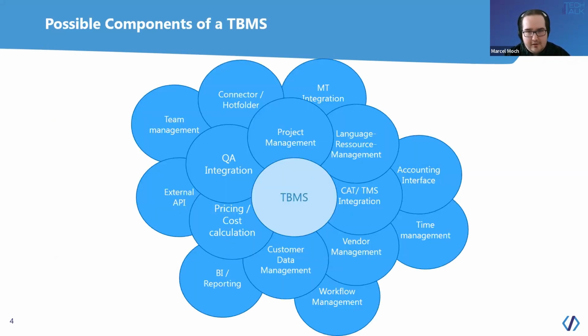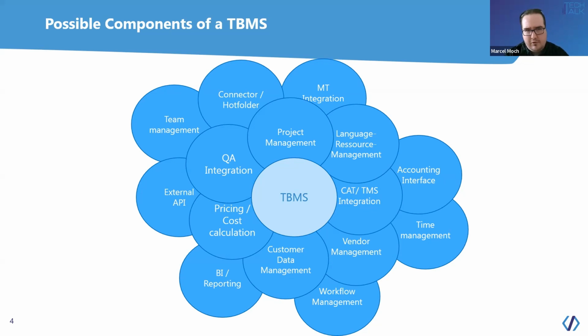I just tried to display the possible complexity of a TBMS in this little graphic. So, all the components it could include, as I said, depend on your use case, but usually we have a project management component, customer data management, CAT tool integrations.